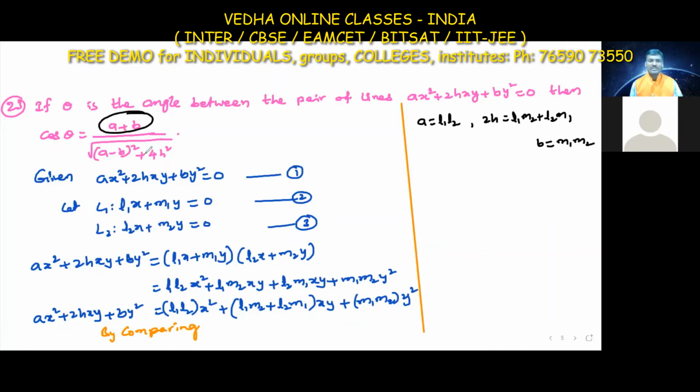A minus b whole square and 4h square. A minus b whole square means a square plus b square minus 2ab. Here a square means this term square, b square means this term square, minus 2ab means minus 2 into this term and that term.